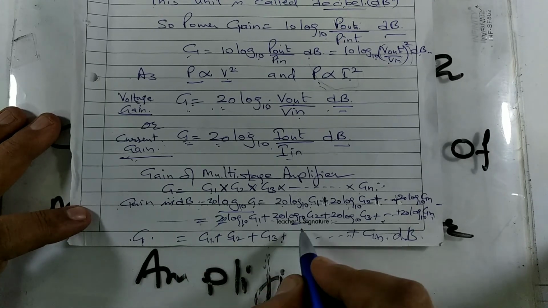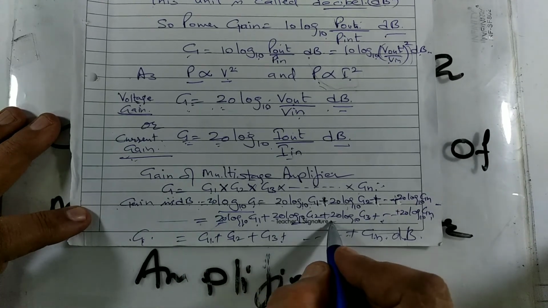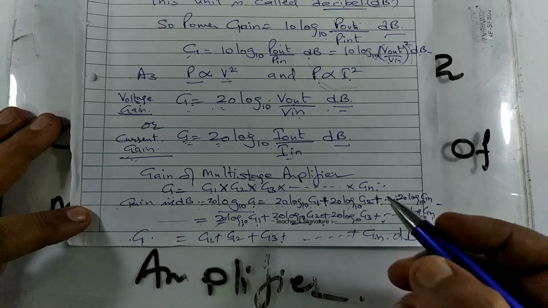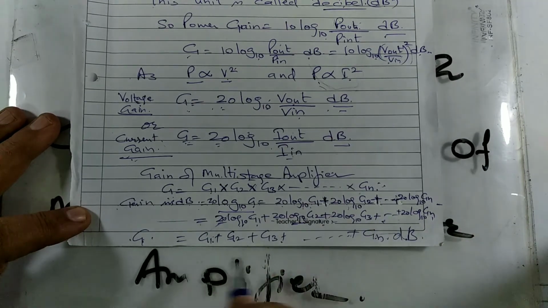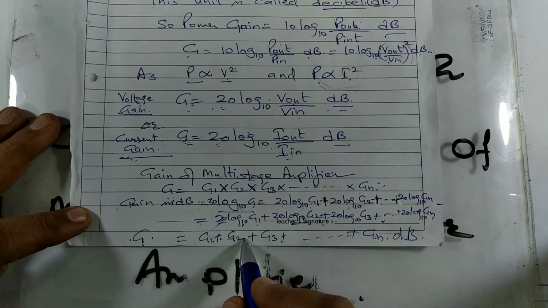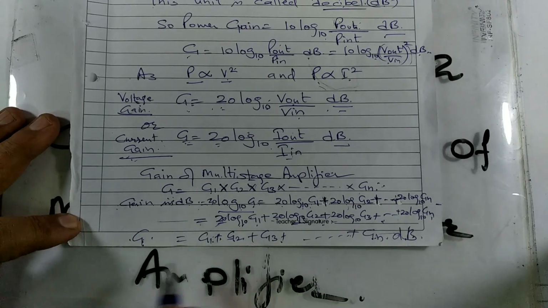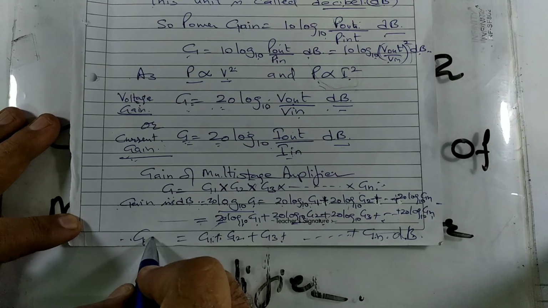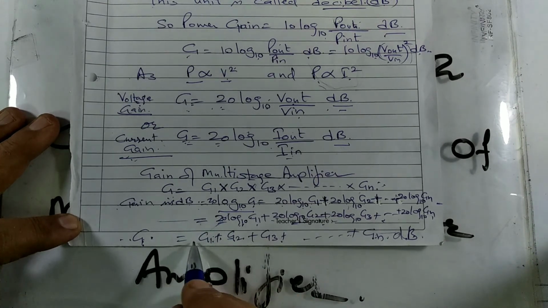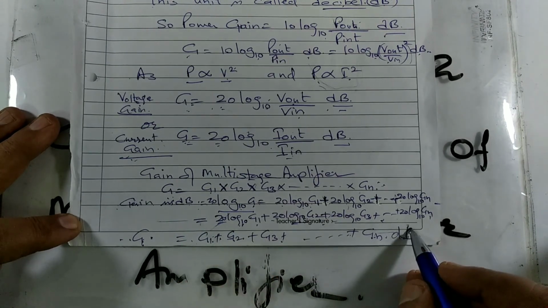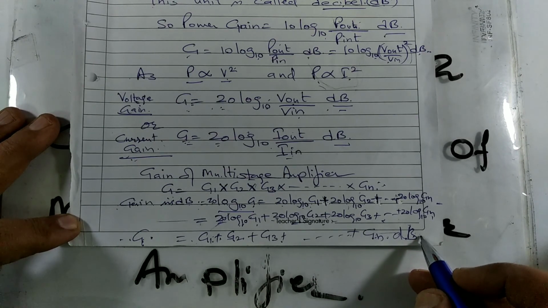So the logarithm formula, you know, log of n into m is equal to log n plus log m. So this is G is equal to G1 plus G2 plus G3 up to Gn dB. So the overall gain in dB is equal to the addition of all the gains of individual stages.